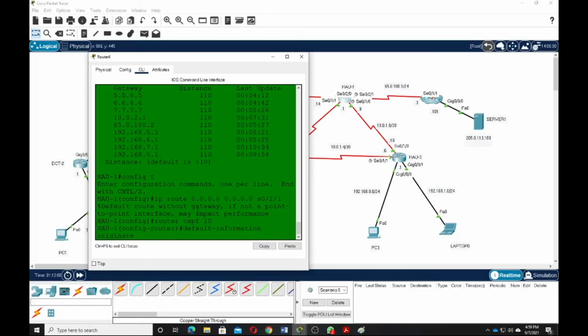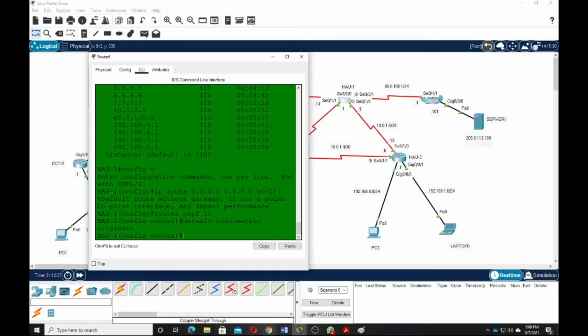This command is used to distribute the routing updates of all the routers, the default route to all the routers connected in single area OSPF. So that is the purpose of the default information. The default route configured here should be distributed to all the routers participating in the routing domain.